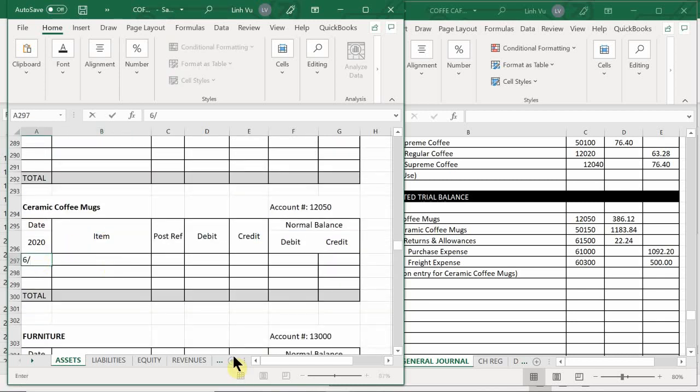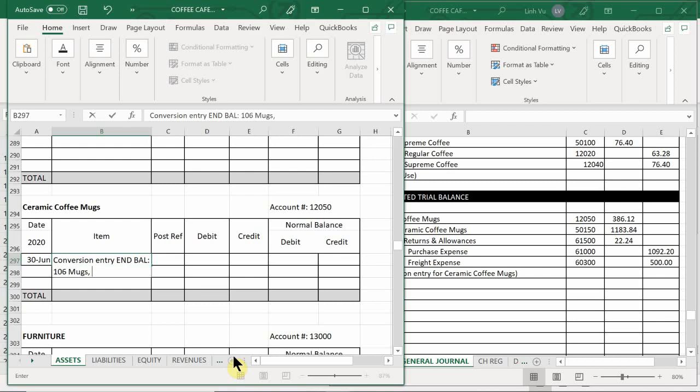It's 630. You can write conversion entry here. Conversion entry, ending inventory balance. 106 mugs.